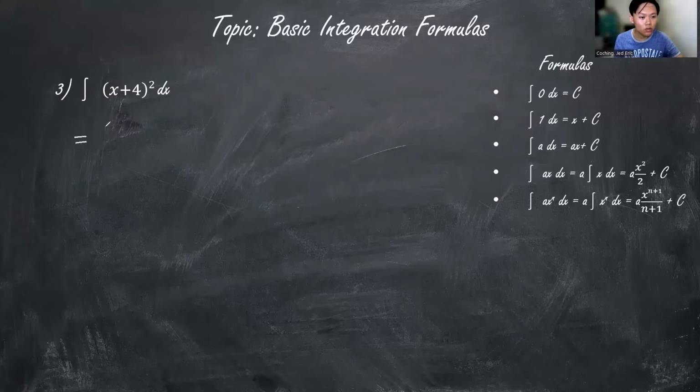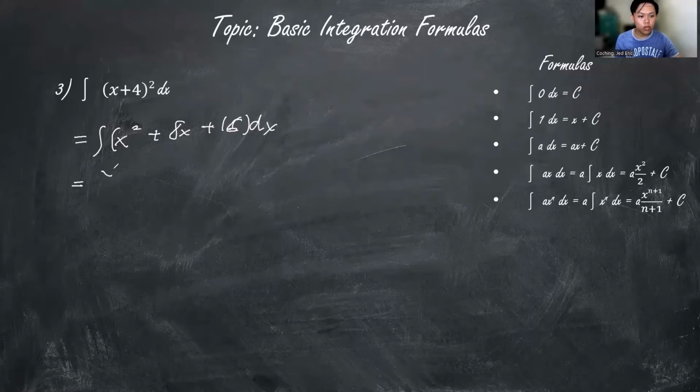So it's equal to the integral of x squared plus 8x plus 16 dx. Now we can solve. In order to solve this, we need to use the sum rule of integration.